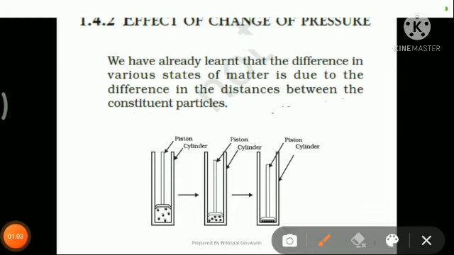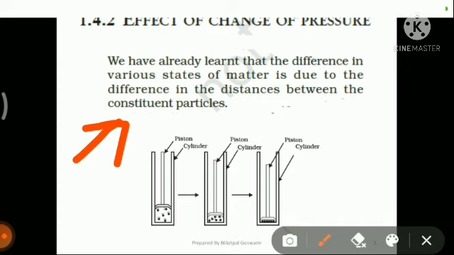Before going on to this, you have to remember one statement: the difference in the physical state of every matter is due to the distance between the particles of the matter. Different physical states exist because the spaces between the particles change in every physical state.